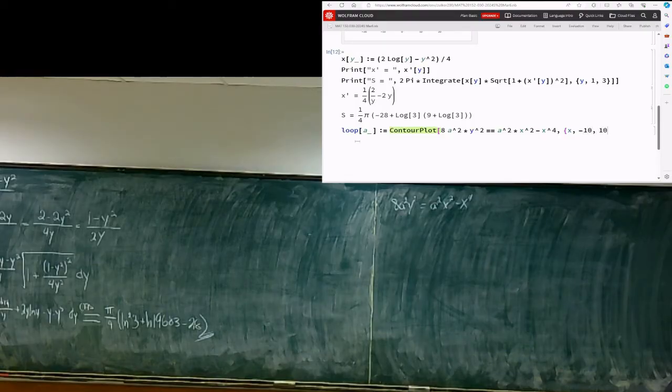Let's go minus 10 to 10. We'll start with this. Turn off the frame and turn on the axes.